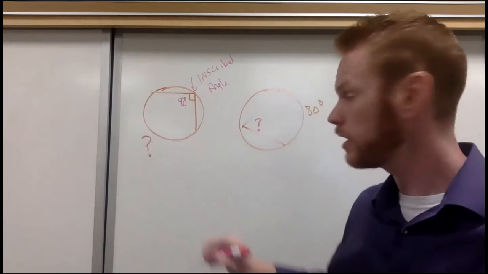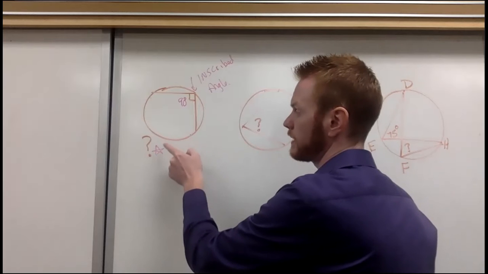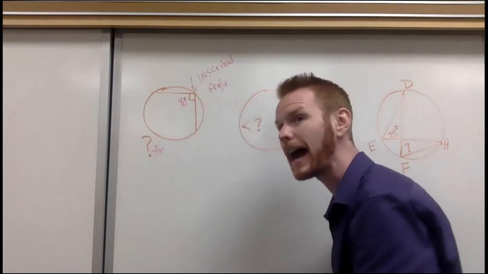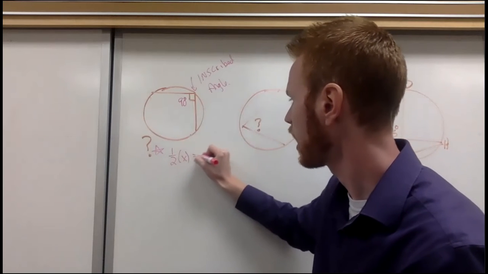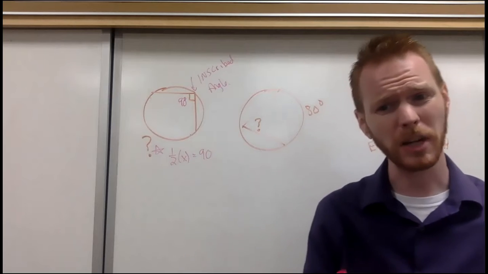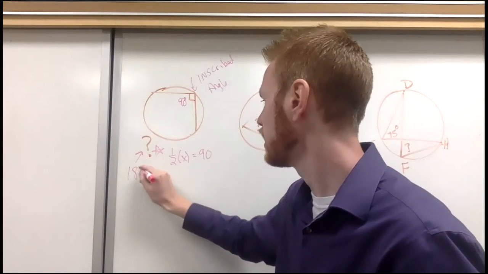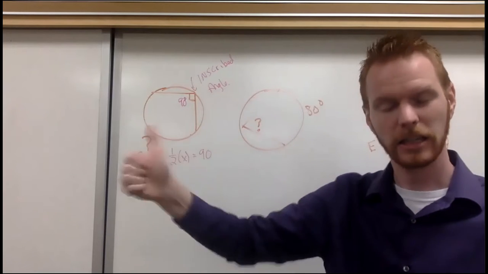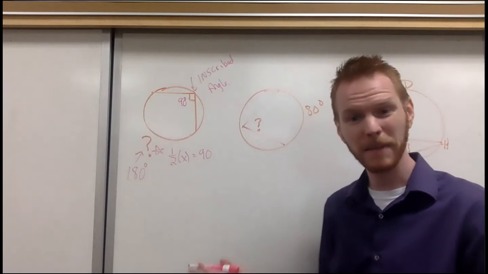We just learned from the theorem that if I take half of this arc, I get the inscribed angle. So what number could I have to get 90? You would probably say, well, Mr. McCullough, I would just double it. And you're absolutely correct. This arc would be 180 degrees. If I take half of it, I get 90. It works with the theorem, so we did this correctly. Not a bad calculation, huh?